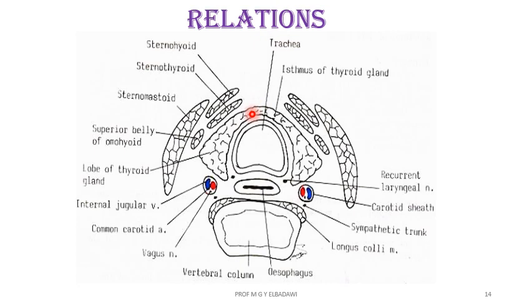The isthmus will have anteriorly the skin, superficial fascia, then the deep fascia, the platysma on each side. Then above the isthmus will be the anastomosis between the two superior thyroid arteries, and below the isthmus will be the two inferior thyroid veins. That is the relation of the gland.